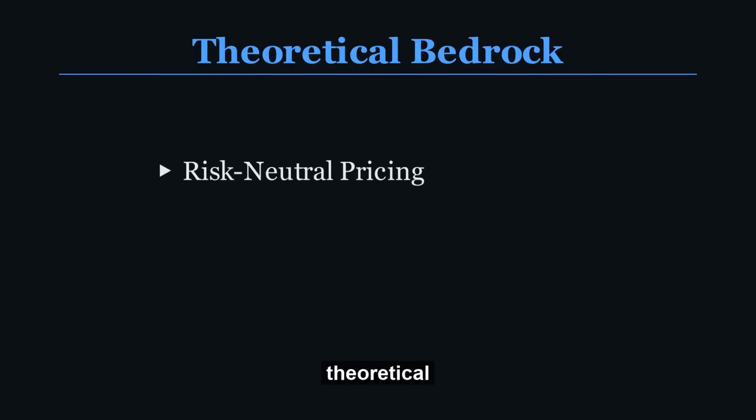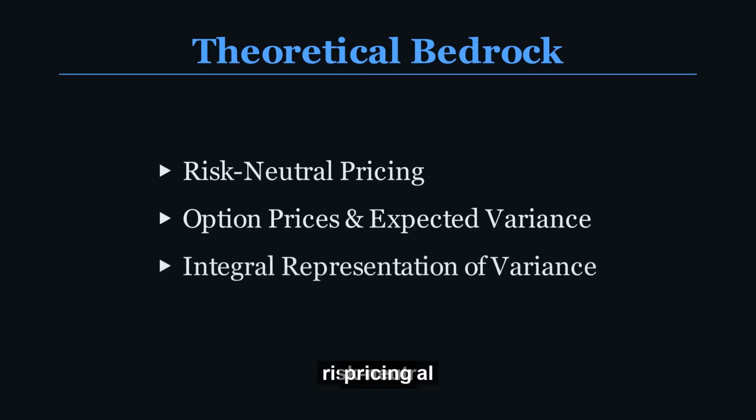Recall our core theoretical components: the concept of risk-neutral pricing, the fundamental relationship between option prices and expected future variance, and the integral representation of variance. These are the bedrock principles. In an ideal world, we'd have a continuous spectrum of options at every strike and maturity, allowing for perfect integration. But the real world provides discrete data points.